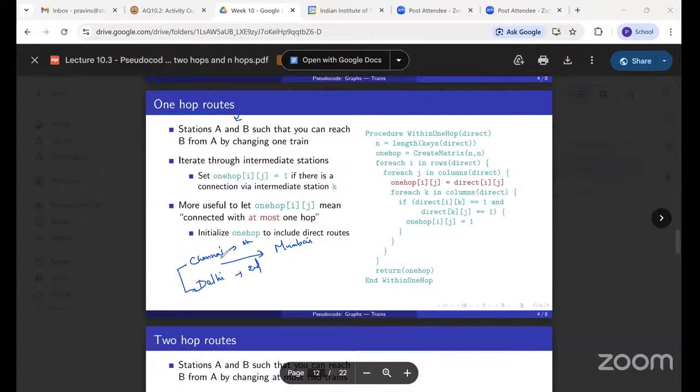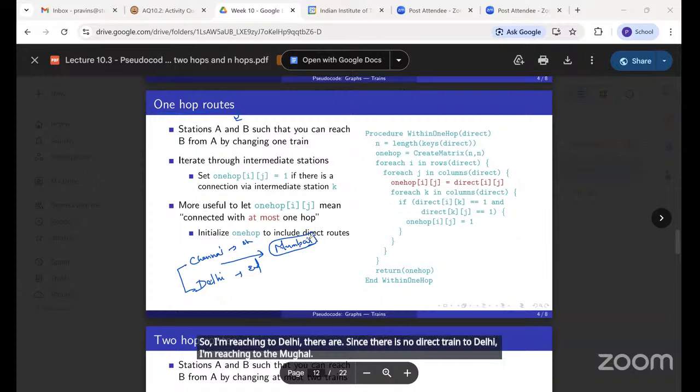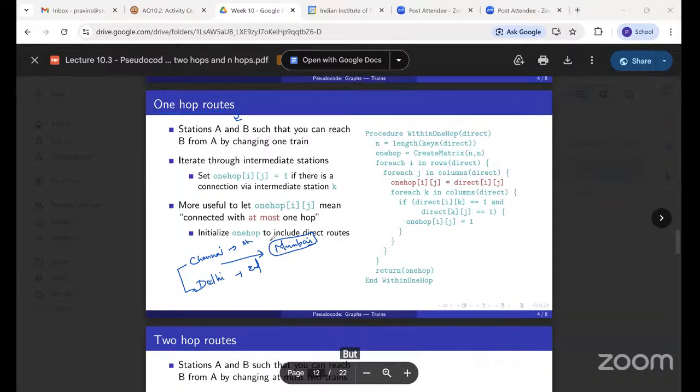So first what will I do? I will go from Chennai to Mumbai and Mumbai to Delhi. Since there is no direct train to Delhi, I'm reaching Mumbai, and again from Mumbai I'm catching the train to Delhi. So one-stop represents that you can reach the end station from the start station, but only through one intermediate station.